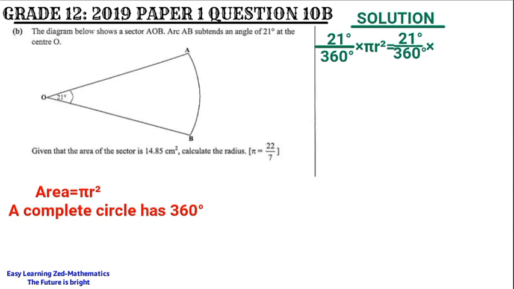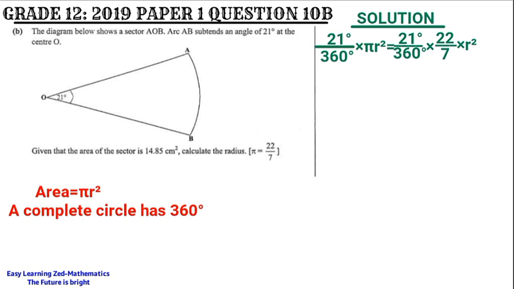We are told the pi to use is 22/7, so I write 22/7. Then I multiply by the radius. Remember, we are not given the radius, and it's the one we are calculating, so I write r squared. Now this is the formula.